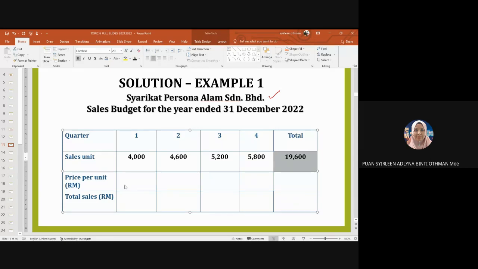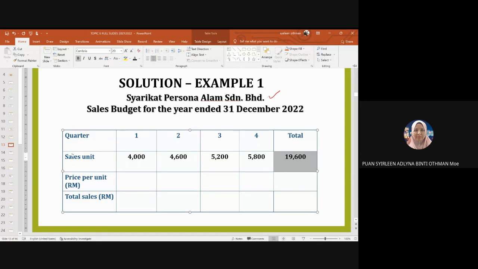Okay, in your budget dalam nota, dia tulis dekat bawah tu expected sales unit. Okay, so you boleh tulis sales unit sahaja atau you can follow the notes given, which is expected unit sales.